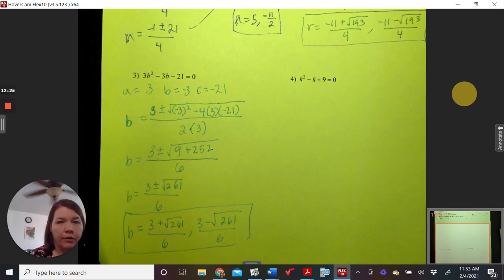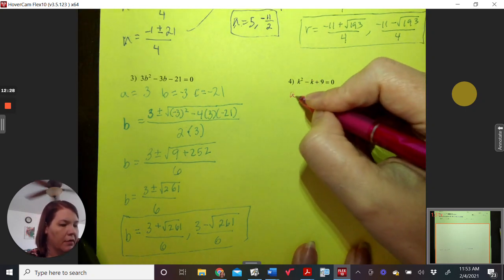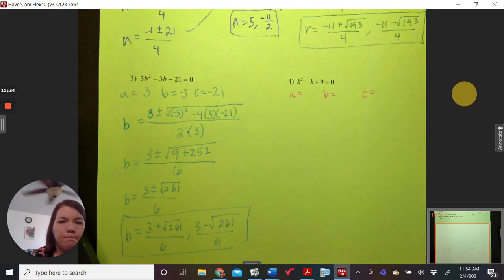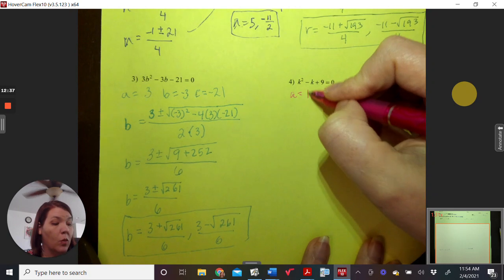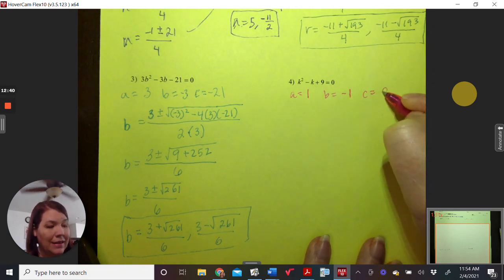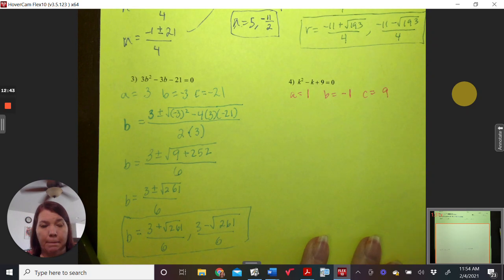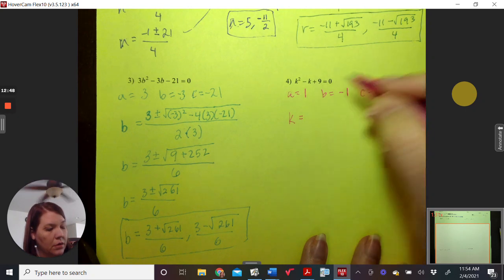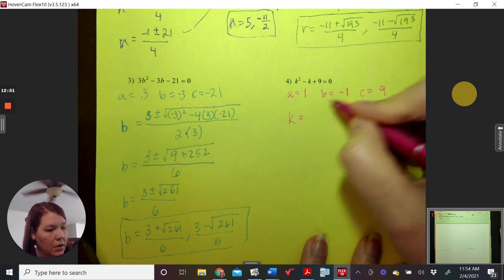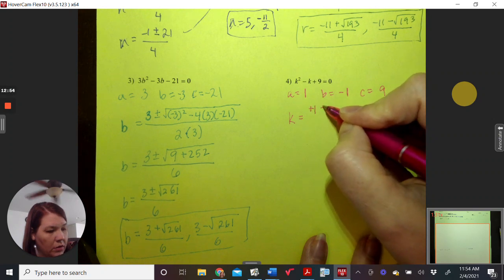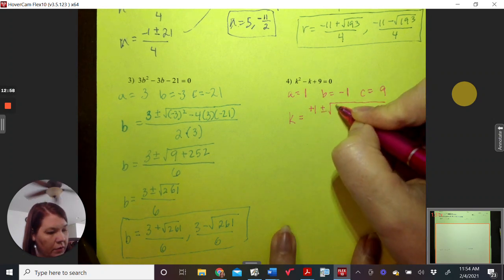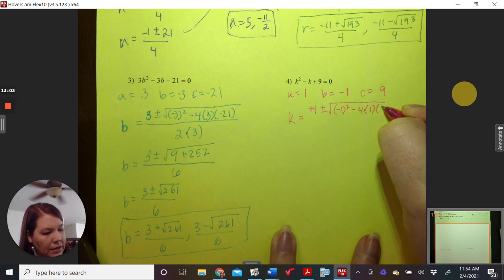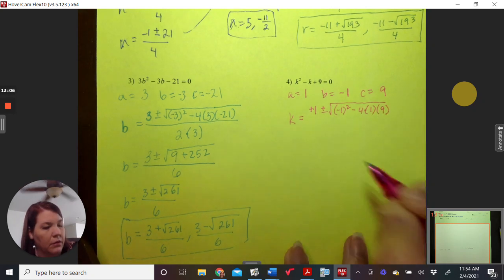And again, ABC. Go ahead and think about that. What's A, what's B, what's C? A is 1, B is negative 1, and C is 9. So K equals negative B, so that's going to be plus 1, plus or minus the square root of 1 squared minus 4AC, all over 2A.